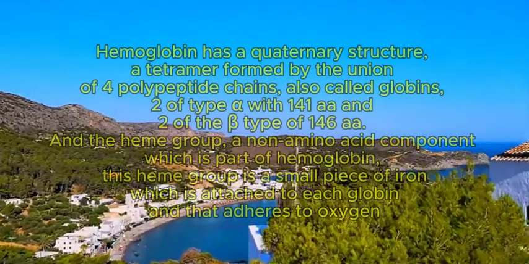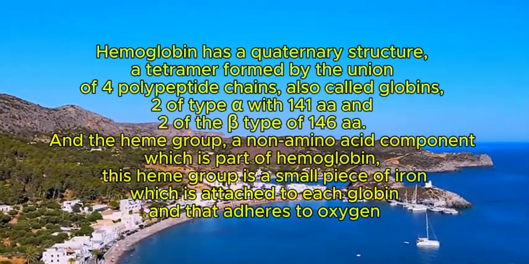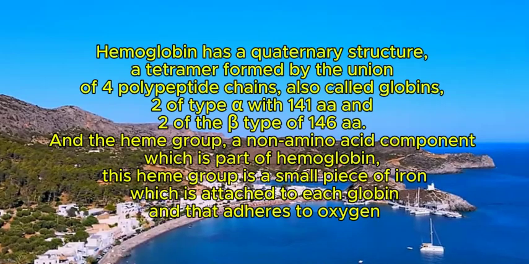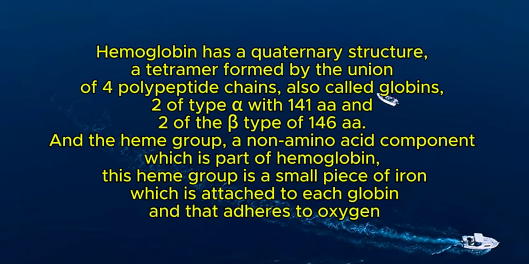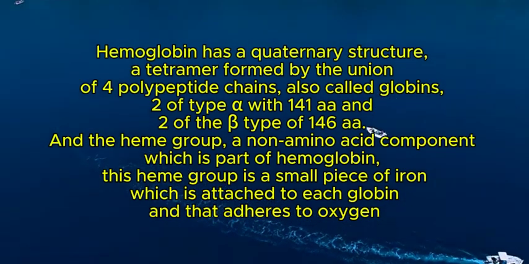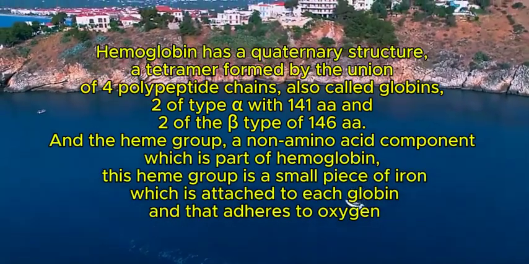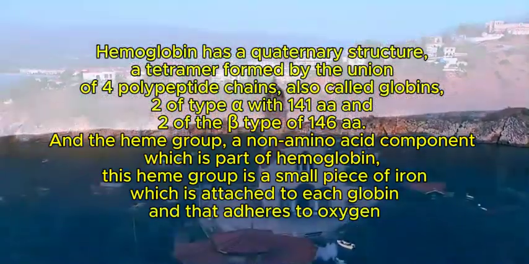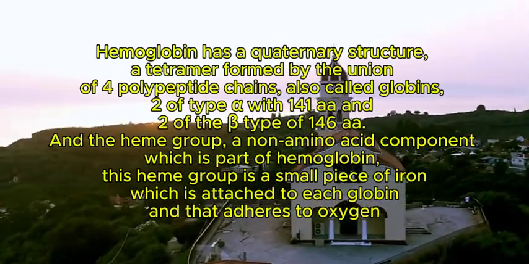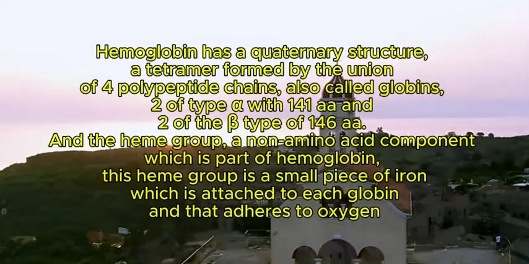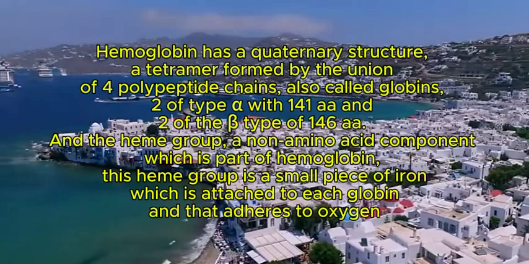Hemoglobin has a quaternary structure. It is a tetramer formed by the union of 4 polypeptide chains, also called globins or subunits. 2 of the alpha type of 148 amino acids and 2 of the beta type of 146 amino acids, and the heme group, which is the prosthetic group, a non-amino acid component that is part of hemoglobin.